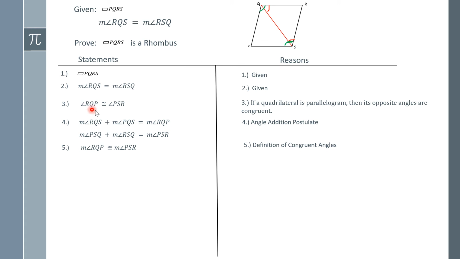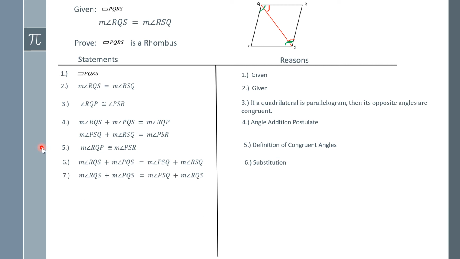So that comes back from this statement right here. So we have to use this statement here, and now we're going to use this. So the next statement will be that those two angle addition statements that we made are congruent to each other, and that's through substitution. So we just put these two equal to each other. And yes, we have to make this statement in order to get to this statement.